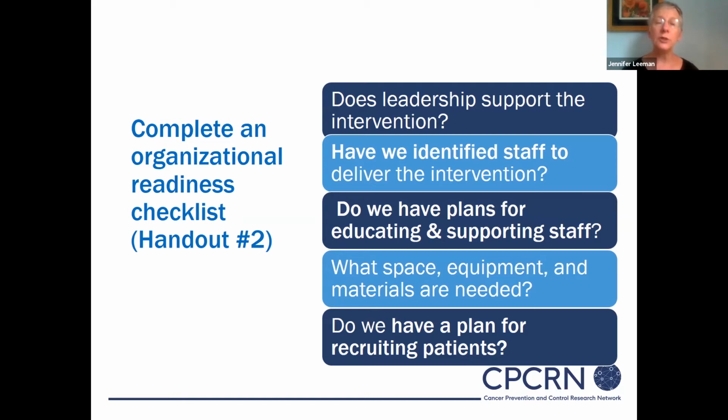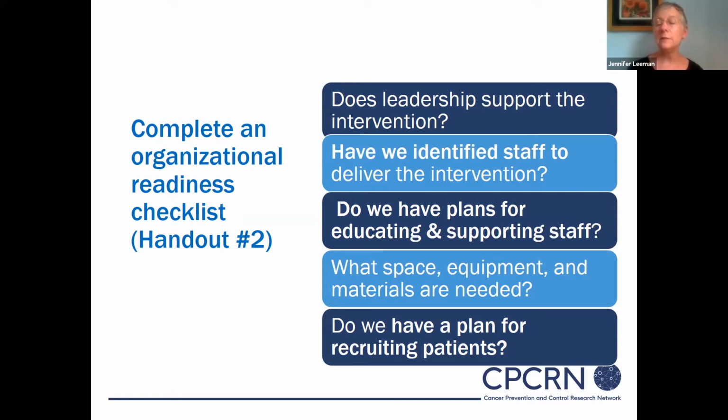So the kinds of questions this checklist goes through are, does leadership support the intervention? So maybe since your leader initially signed the team charter, maybe you need to remind them that the intervention is about to be launched. 2, have we identified staff to deliver the intervention?